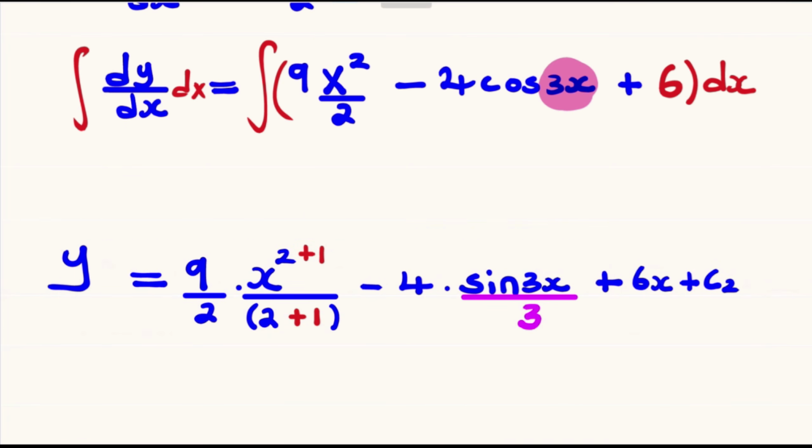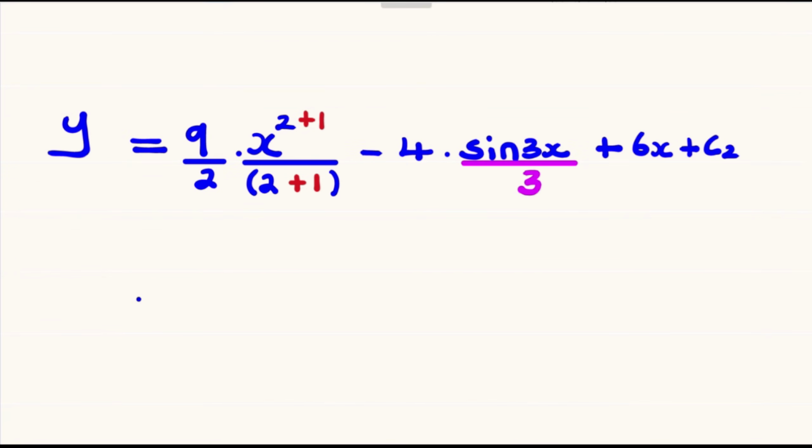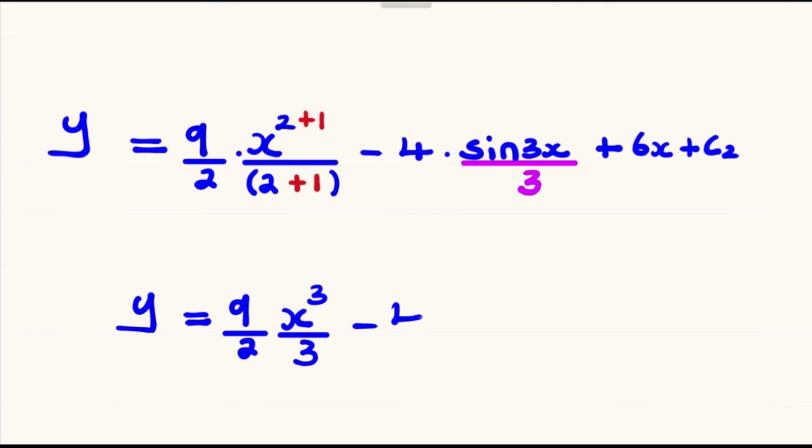We can simplify, so we have y is equal to 9 divided by 2 multiplied by x raised to the power 2 plus 1, which is 3, divided by 2 plus 1, which is 3, minus 4 multiplied by the sine of 3x divided by 3, plus 6x plus c2.